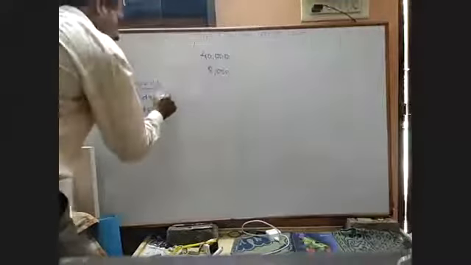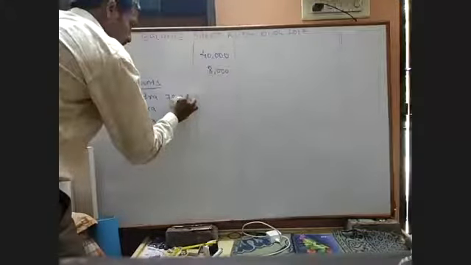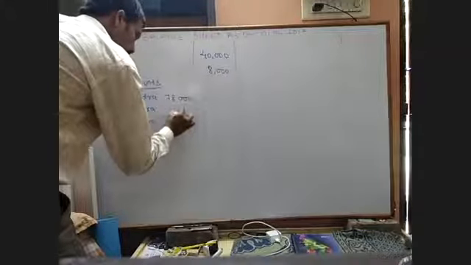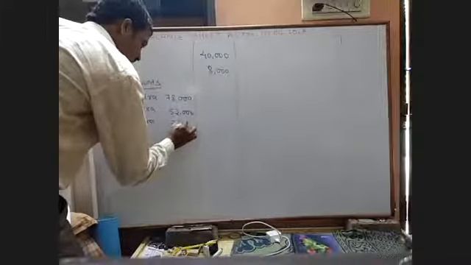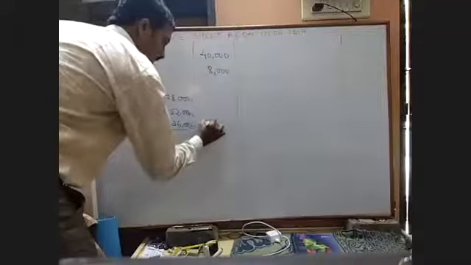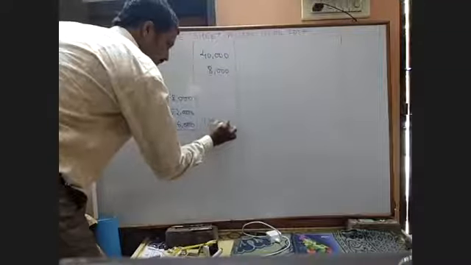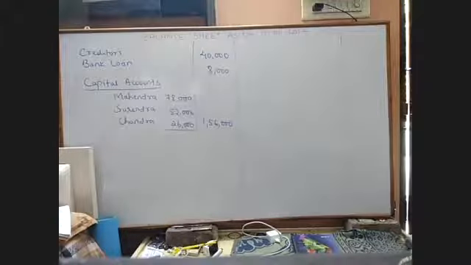Mahendra is 78,000. 52,000. 26,000. And outer column 1,56,000.